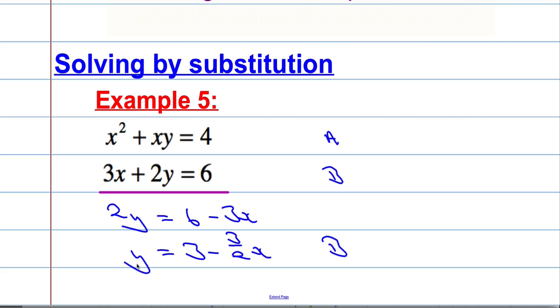I could have gone and isolated x, still would have worked, but it's easier, in my opinion, to go for the y, because then I don't have to worry about squaring anything.